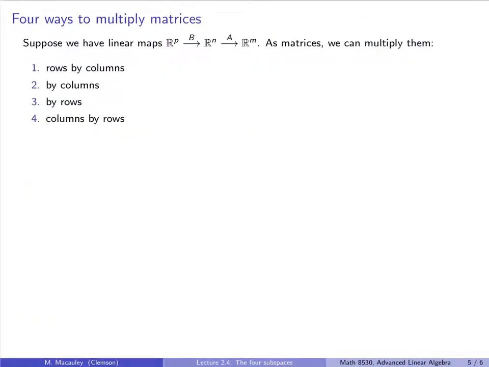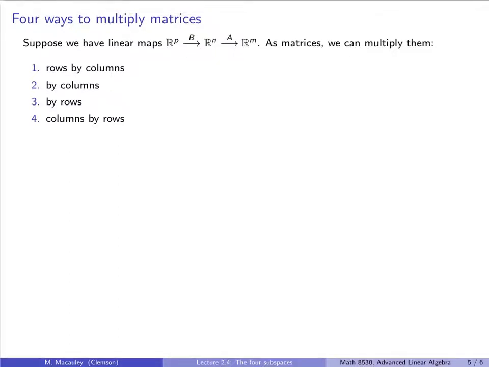There are two more things that I want to review from undergraduate linear algebra, just so you think about these concepts in the right way when we do the generalization. The first one is how to multiply matrices. Now we know how to do this, but I want to show you 4 ways to think about this. So let's suppose that, again, A is a linear map from R^n to R^m. Let's suppose that B goes from R^p to R^n.